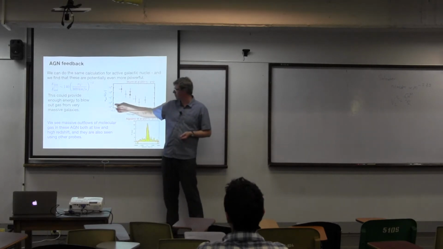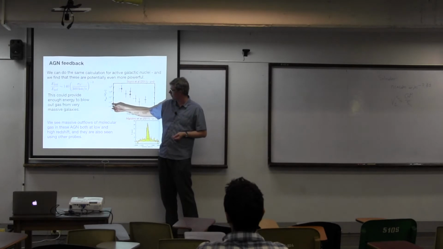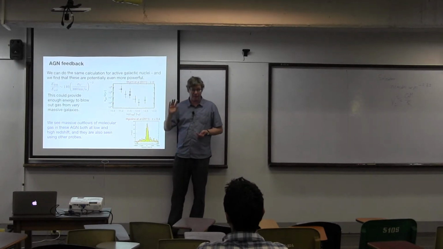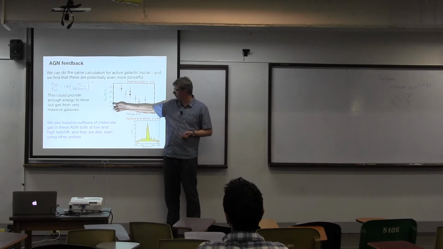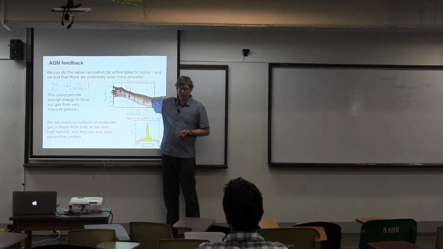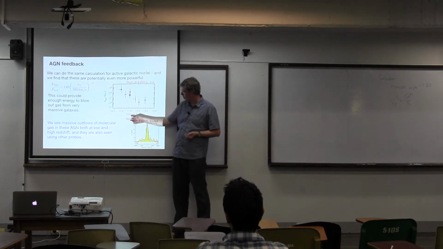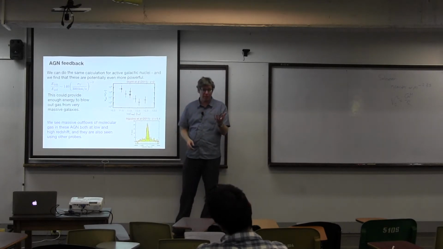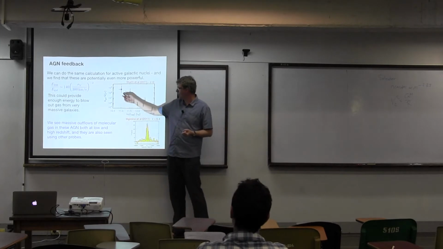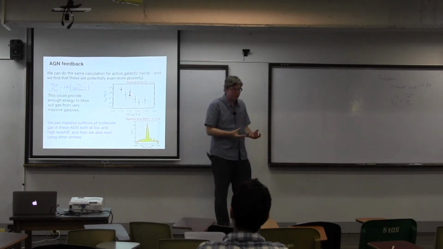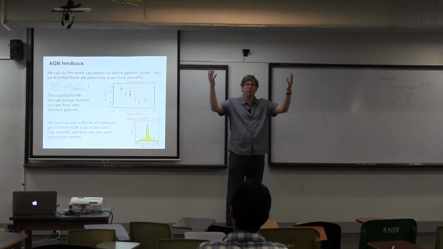Effectively this is the time in years that it will take to blow out all the molecular gas. And you can see the times are quite short, 10 to the 6, 10 to the 9 years here. What they were finding was that as a function of the brightness of the AGN, this became shorter and shorter. So the idea is that there's more and more power in the AGN, and it's more and more efficient at blowing away the gas.